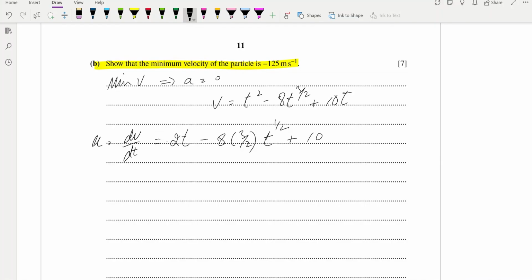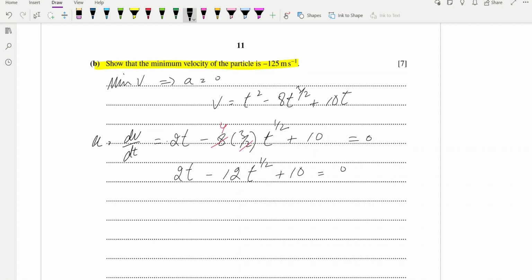So this will be the derivative, and we will put the derivative equal to 0, and when we do that, we can do cancellation, so 2 4s are 8, and we will get 2t minus 12t raised to 1 by 2 plus 10 is equal to 0.